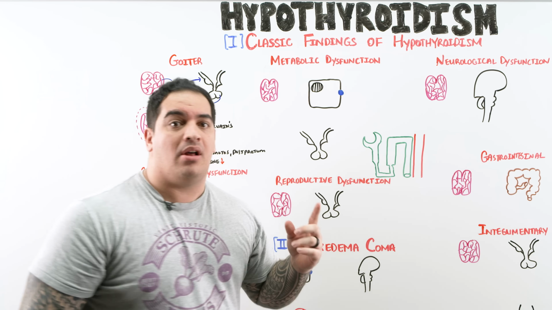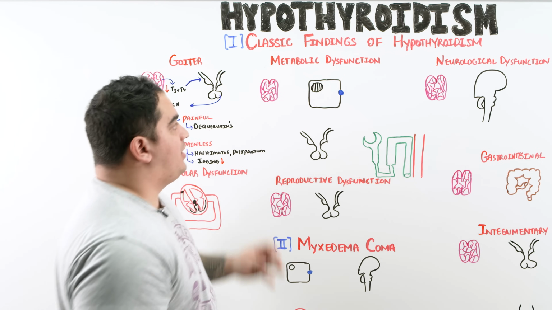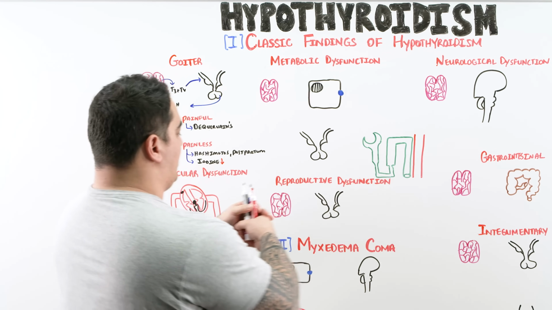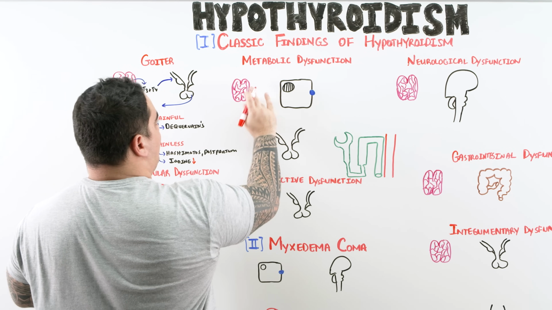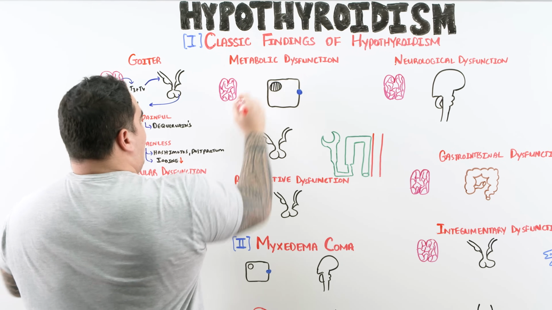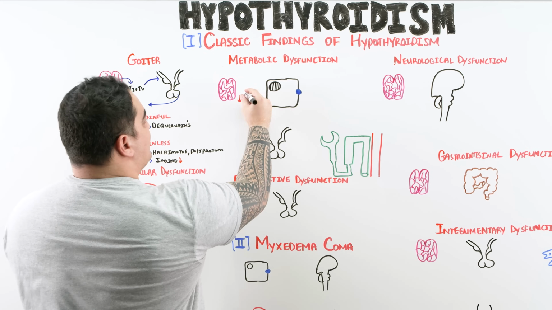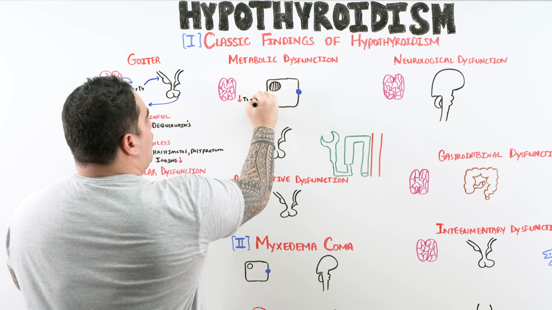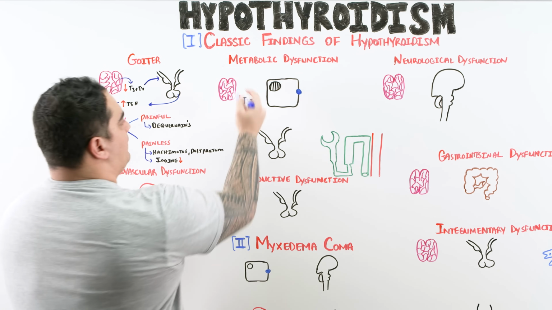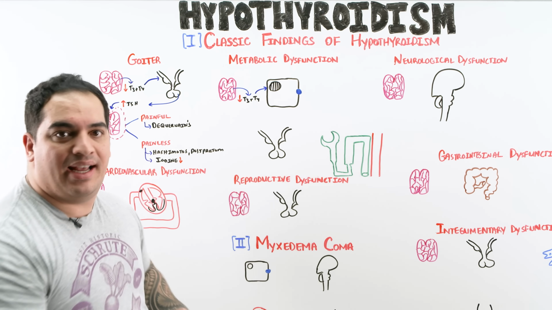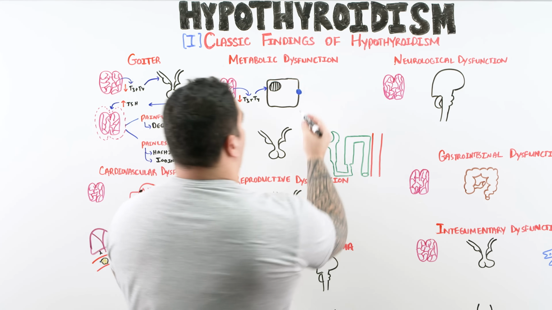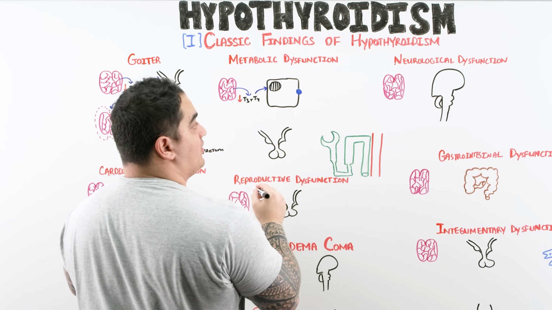The next one is metabolic dysfunction. Metabolic dysfunction consists of multiple parameters, but let's say here a patient is producing an inadequate amount of T3 and T4, thyroid hormone. If there's an inadequate production, this affects a couple different things. Multiple tissues in our body have a pump on them called the sodium-potassium ATPase. The sodium-potassium pump is supposed to move particular ions across it.